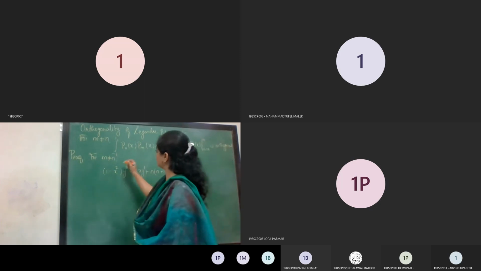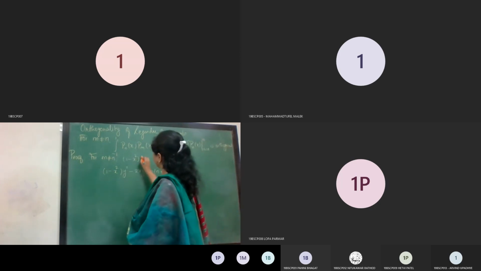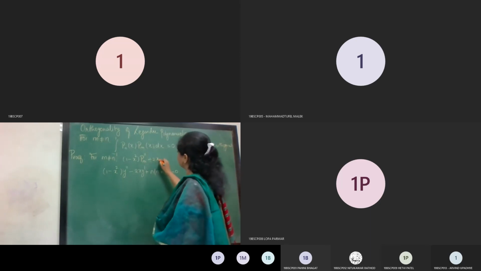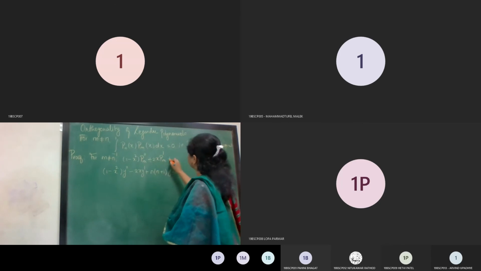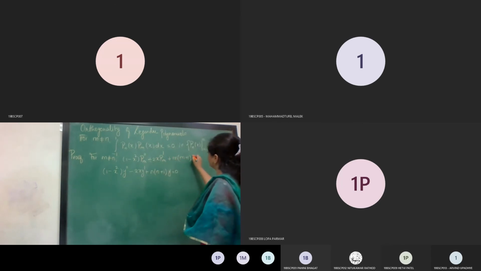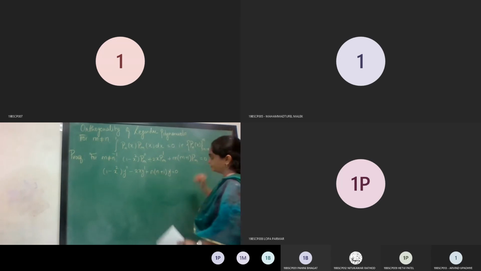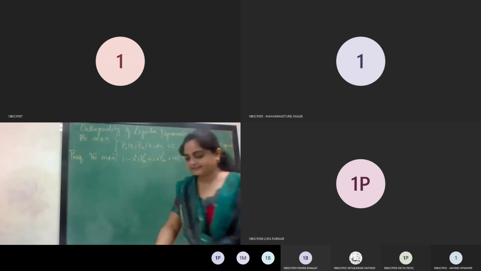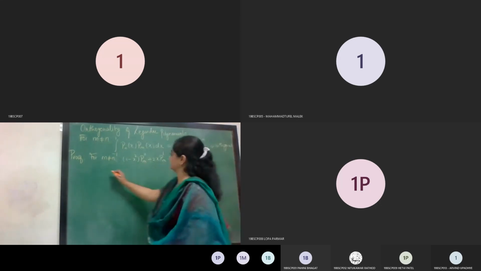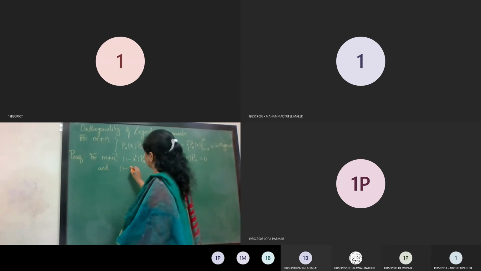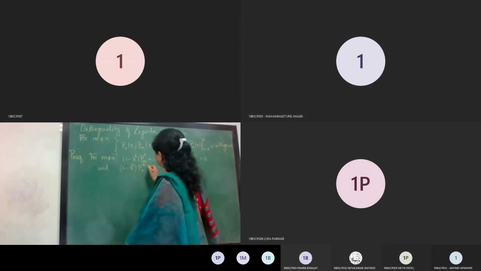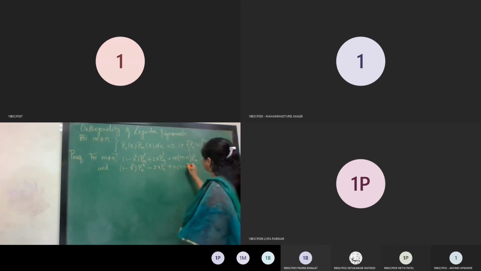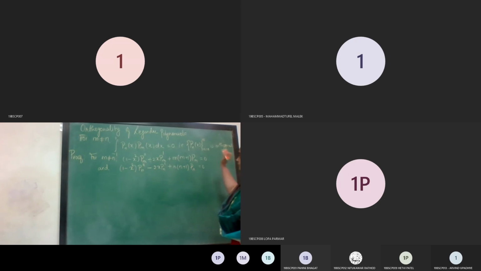That means I can write for m not equal to n, 1 minus x square Pm double dash minus 2x Pm dash plus m into m plus 1 Pm is equal to 0. And second thing, I can write it as, and let me write it over here, 1 minus x square Pn double dash minus 2x Pn dash plus n into n plus 1 Pn is equal to 0. Yes or no?